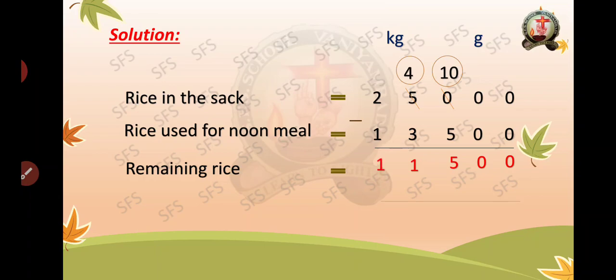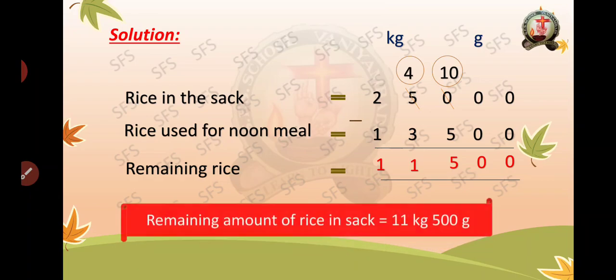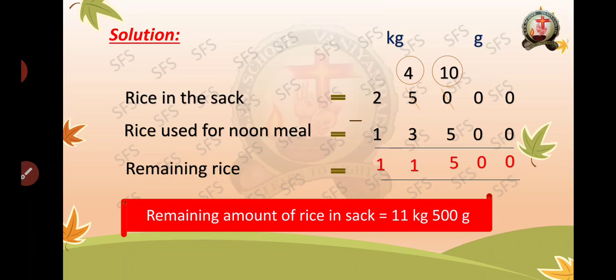We have come with the final answer, that is 11 kg 500 g. At the end, just finalize your answer, children. That is, remaining amount of rice in sack is equal to 11 kg 500 gram. This is the rice which is left over after the meals.